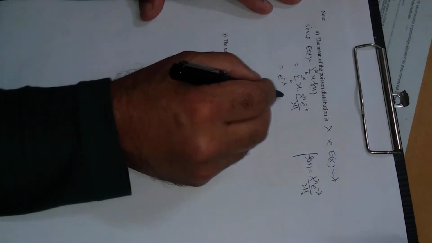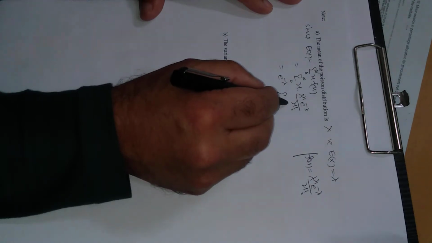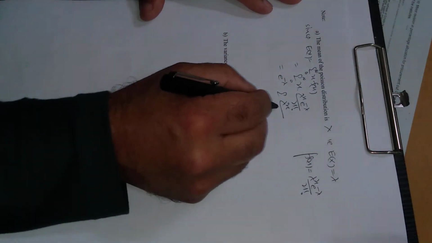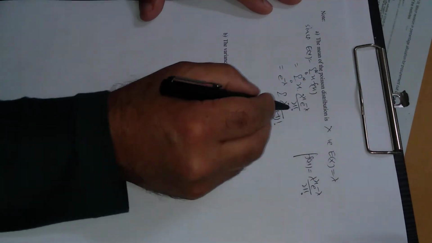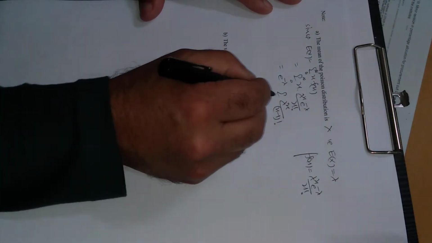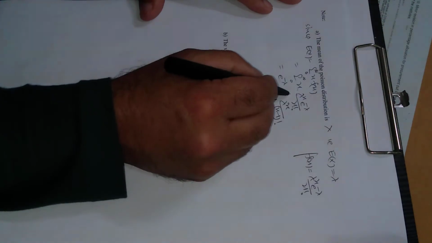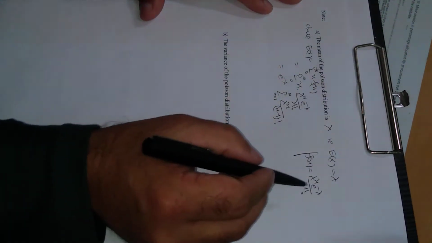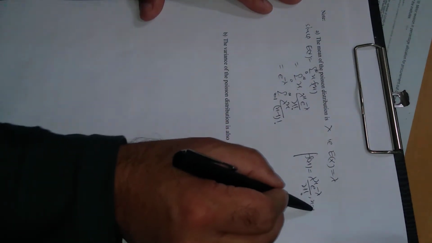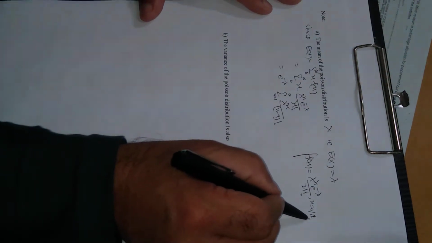Opening this one time, x cancels, so we are left with lambda raised to power x divided by x minus 1 factorial. Now in this case x must start from 1 up to infinity. Reason being, x varies from 0, 1, 2 and so on.